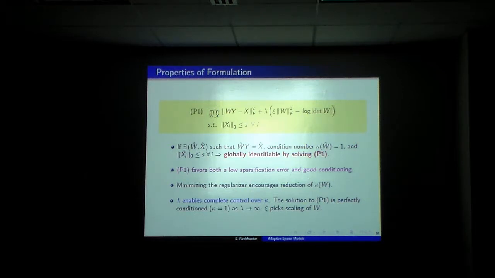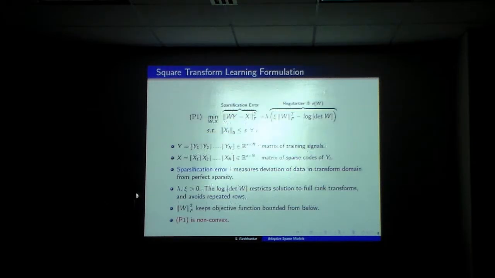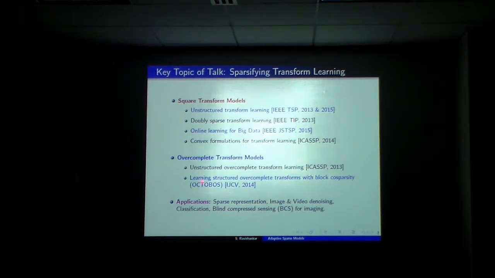I thought I could put that in this talk, but already this talk is too long. But there is a paper that we have. I can show you which one. This one in ICASSP 2013, where we learn a tall transform with this constraint on the log determinant of W transpose W. It is not enough to just constrain that, because even if you constrain the log determinant of W transpose W, you can still have repeated rows in a tall matrix.